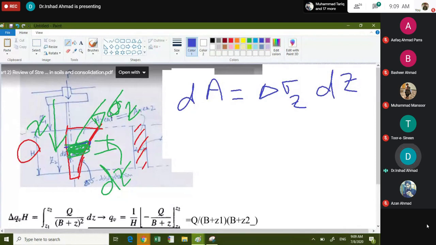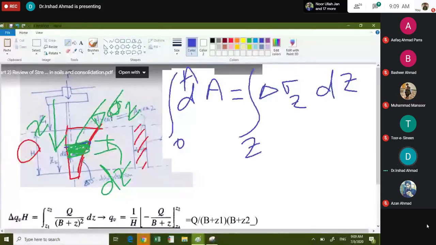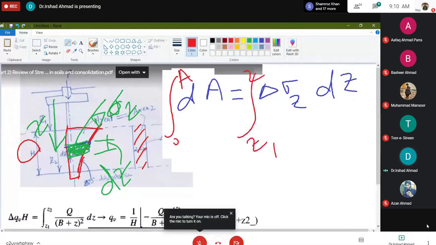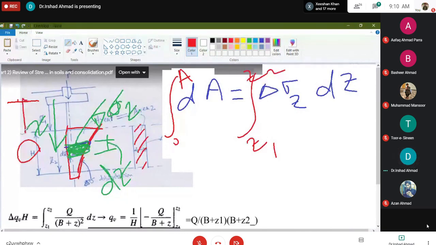Now we will integrate this from z1 to z2. What is z1 and z2? From the foundation base to the top of the layer is z1, and from the foundation base to the bottom of the layer is z2.